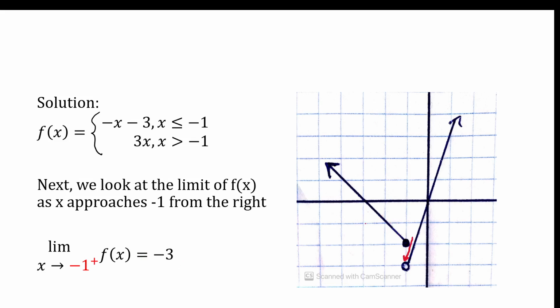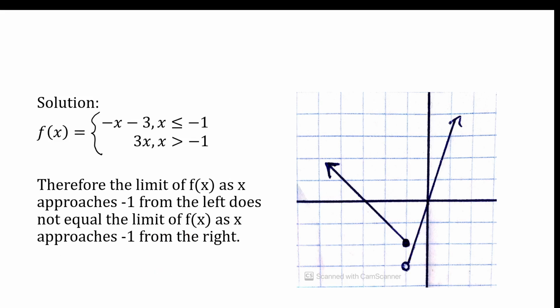On the other hand, if we're on this function, as our x value approaches -1 from the right, we don't arrive at -1, but we approach it, we see that our y value gets infinitely close to -3. And we can make the one-sided limit statement shown on the bottom of your screen.